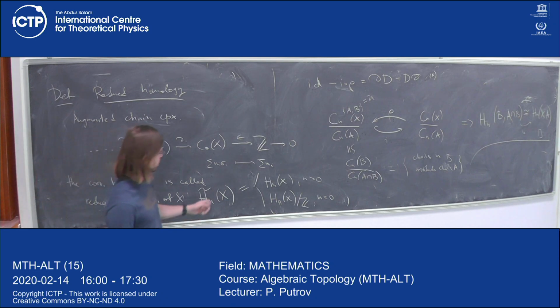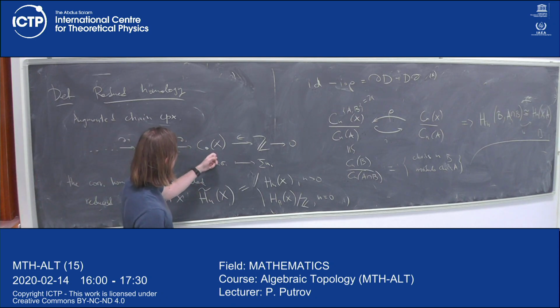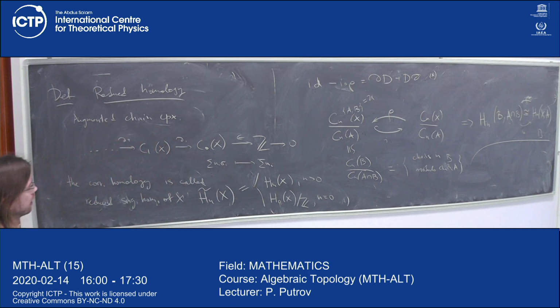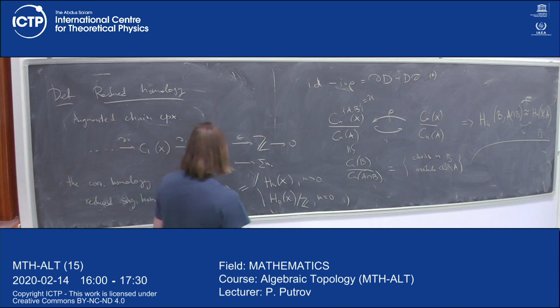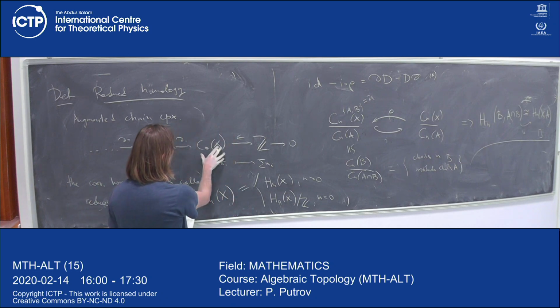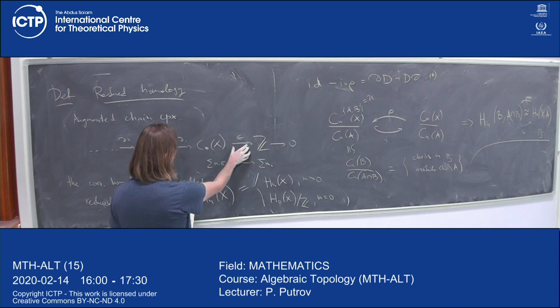Because in the 0 place, what is this? This is the kernel of this map divided by the image of this map. Before, this map was 0.